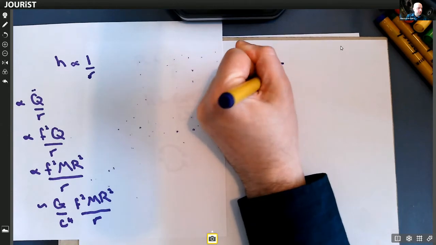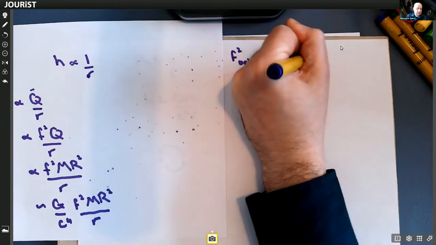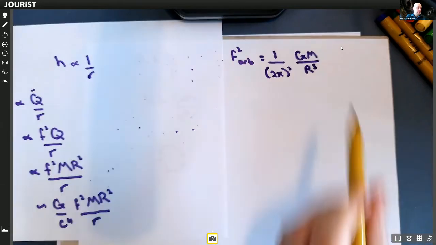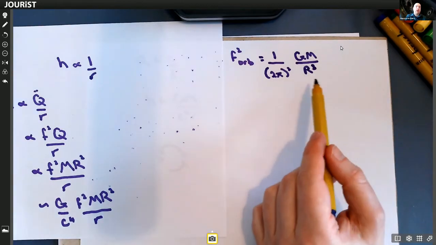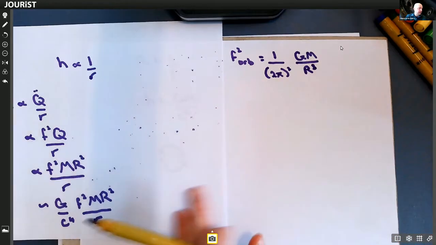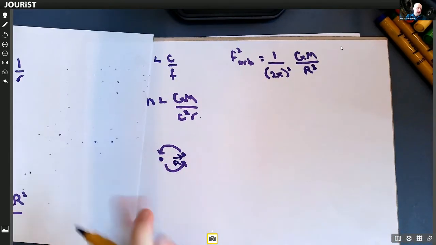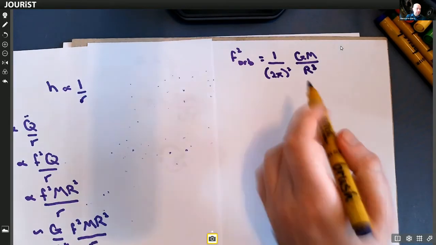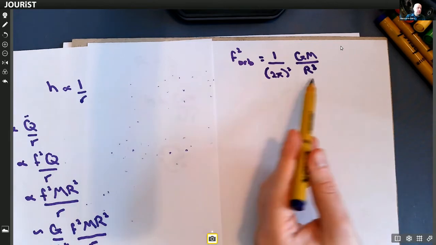From Kepler's laws, our orbital frequency is something like the square root of Gm over R cubed, M being our total mass, and R being the inter-binary separation, the characteristic size of our system. As you see, it depends on the orbital separation.